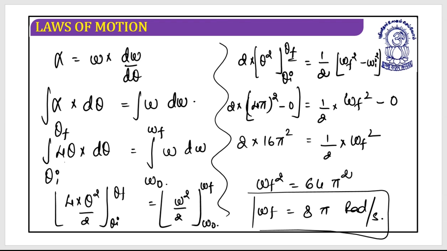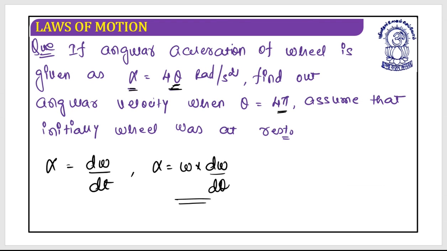Only one thing that you should understand very quickly is that this is a variable angular acceleration, and when variable angular acceleration is there, I could not go with the normal situation.